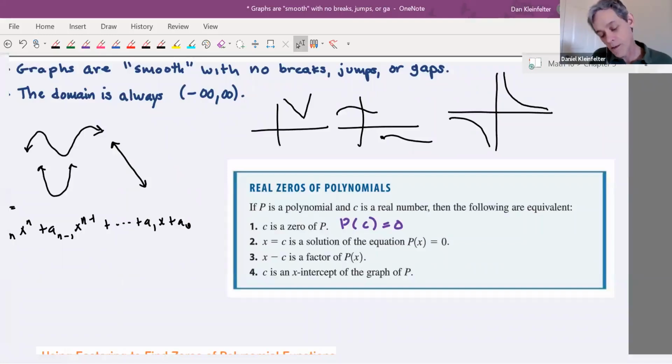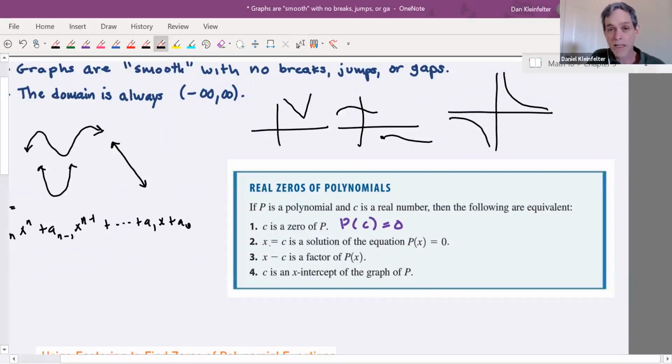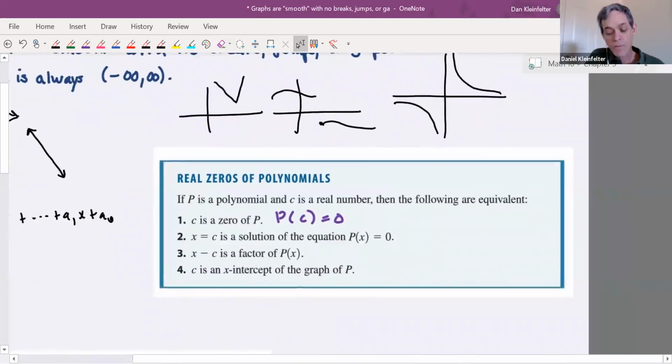So one of the really important features of this section is this set of 4 statements. The 4 statements shown in this box here establish the interrelationships between the zeros of a polynomial, the x-intercepts of its graph, and the factored form for the polynomial.